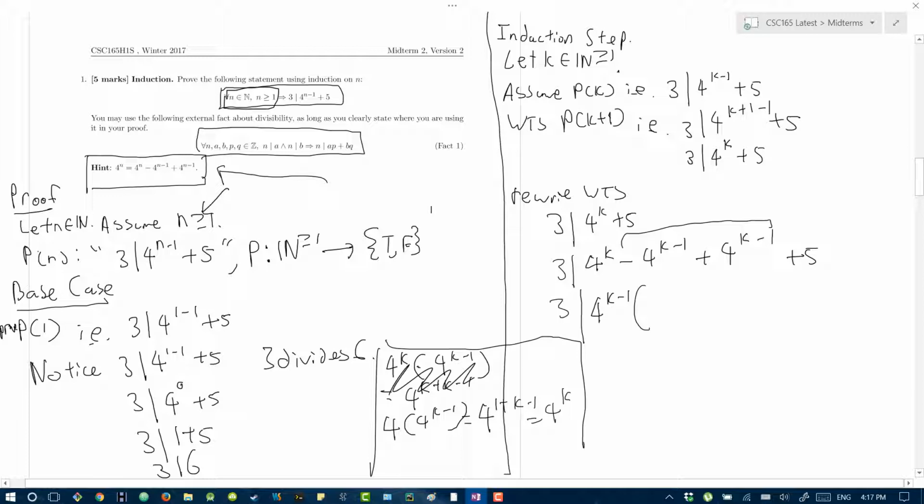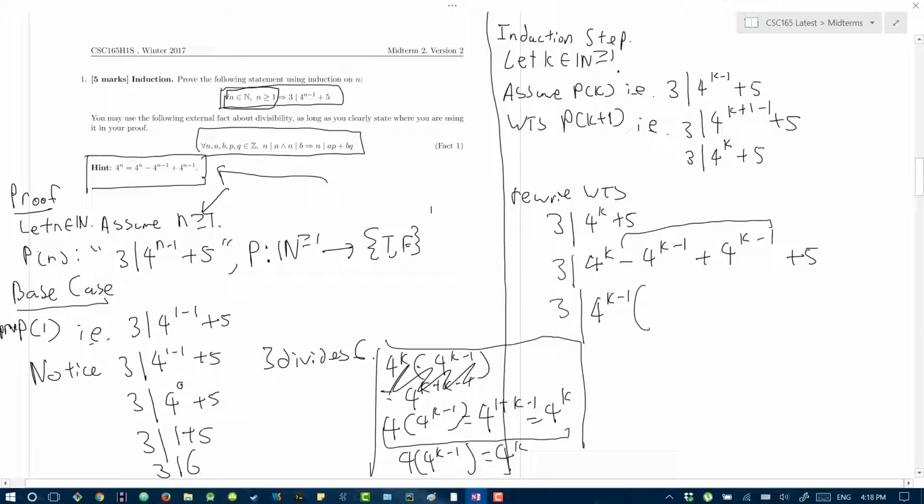So taking this, we know that 4 times 4^(k-1) equals 4^k.